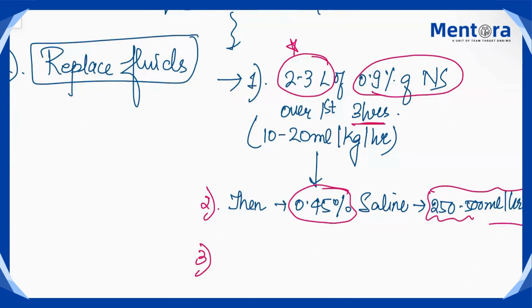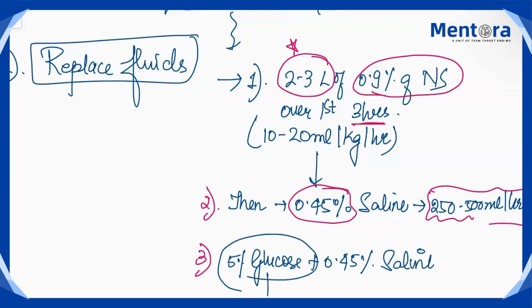After this, you have to switch this with 5% glucose plus 0.45% saline, looking at the glucose status level. When your blood glucose reaches around 250 milligram per deciliter, then along with normal saline, you have to give 5% of glucose also.